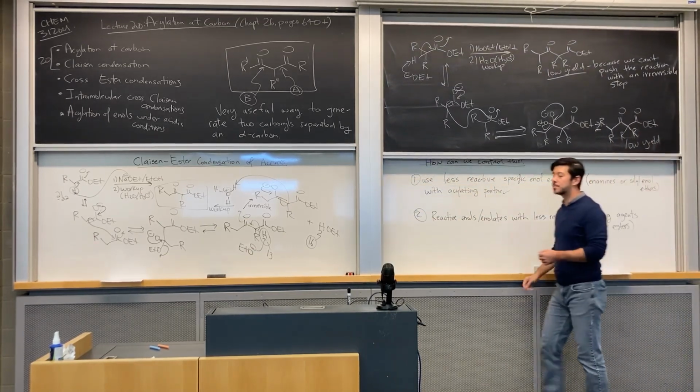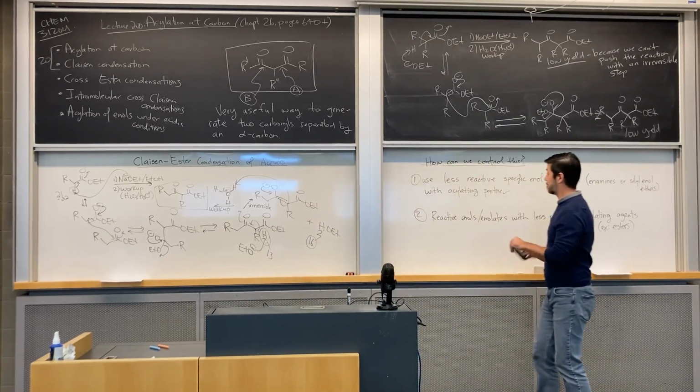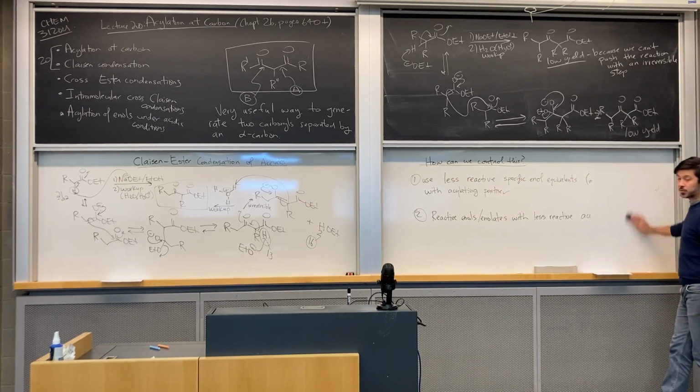So how could you make that in high yield? And think of irreversible step. You need to use and have an irreversible step somewhere.